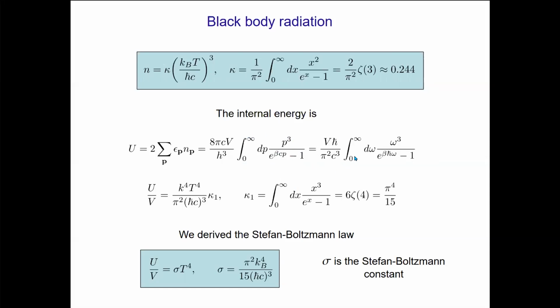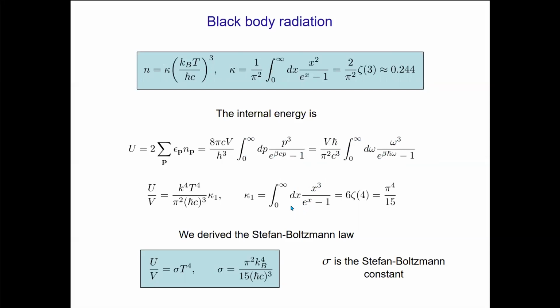Then we can change it to the integral over the frequency space, and that's what we get. In this particular case, you see that the integral effectively contains x cubed after the change of variable, instead of x squared.